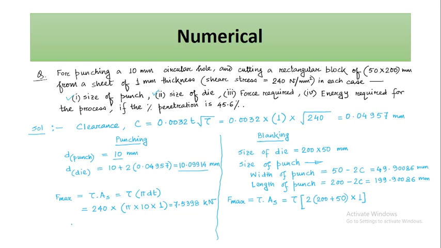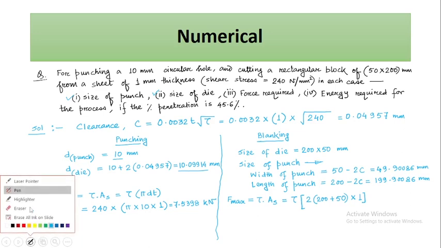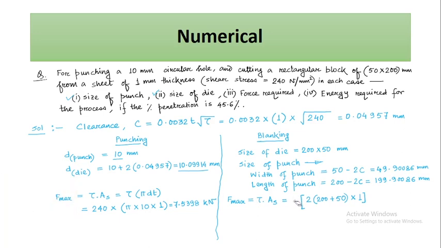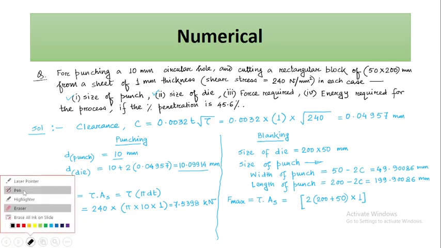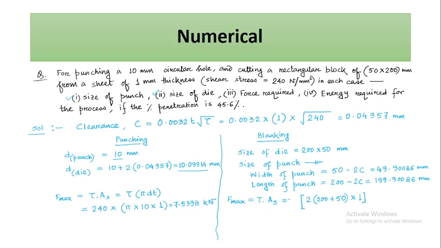So we can write it directly as 240. Instead of tau, directly we are writing it as 240 Newton per millimeter square. So 240 into 2 into (200 plus 50) into 1.